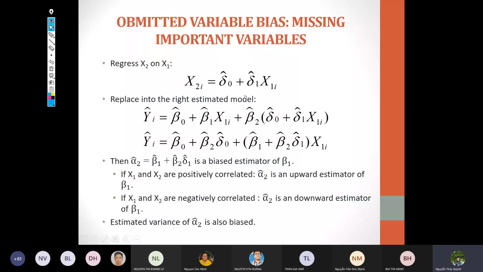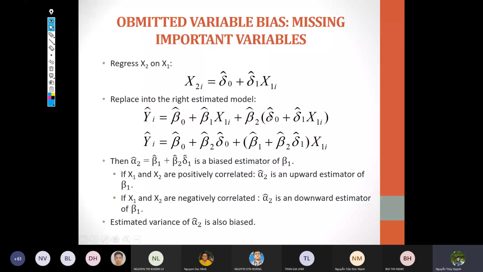Now replace this into the right estimated model. We have y_i hat equal to beta 0 hat plus beta 1 hat times x1i plus beta 2 hat times (sigma 0 hat plus sigma 1 hat times x1i), which is x2.